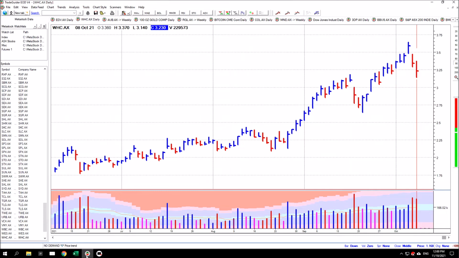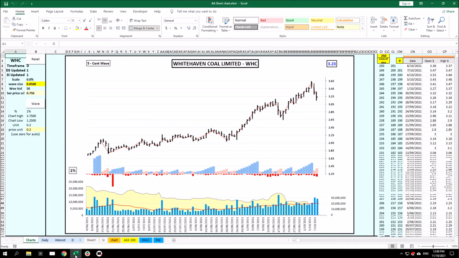You can see the difference looking at a normal price and volume chart. Now this is ASX trading only, where this is ASX and Chi-X trading. There's very little difference really. You can see how much average volume has increased as prices gotten higher.